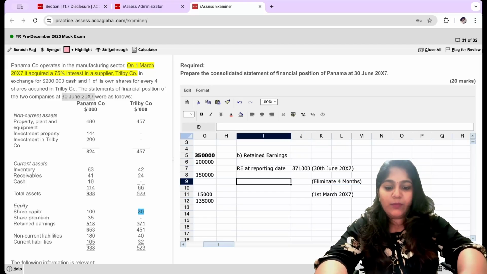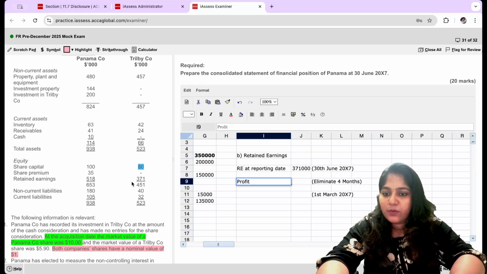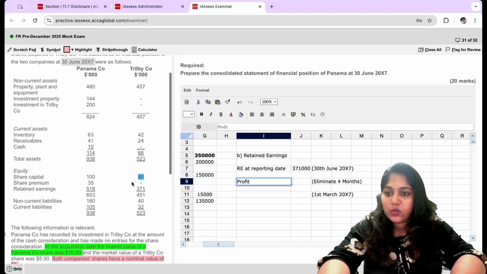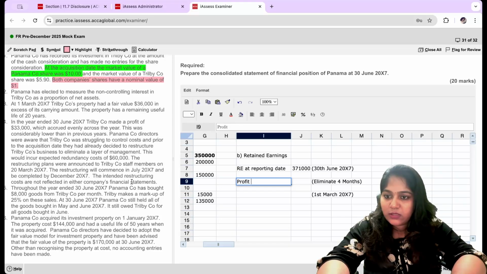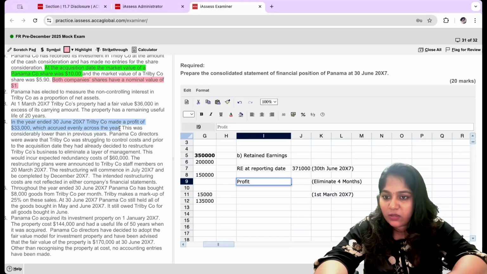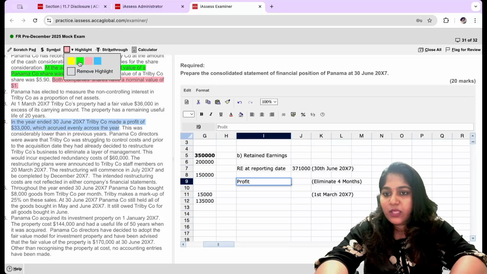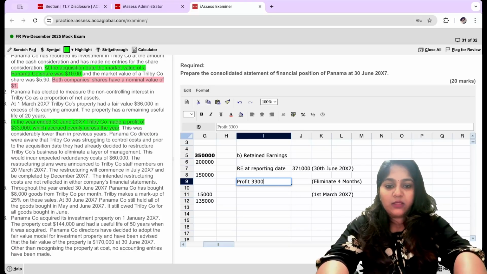Of course, my profit for the year is already given in the question. Can you not find out how much the profit for the year is? In the year ended 30th June, we have made a profit of 33,000, which accrued evenly across the year. That's my profit for the year. So can I consider that? Yes, profit is 33,000.